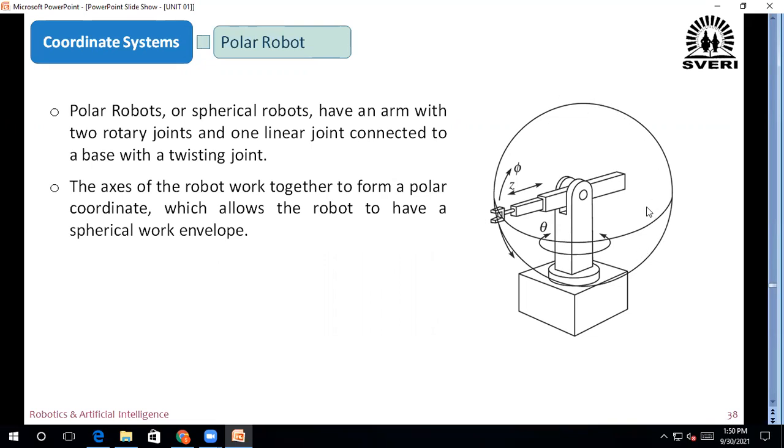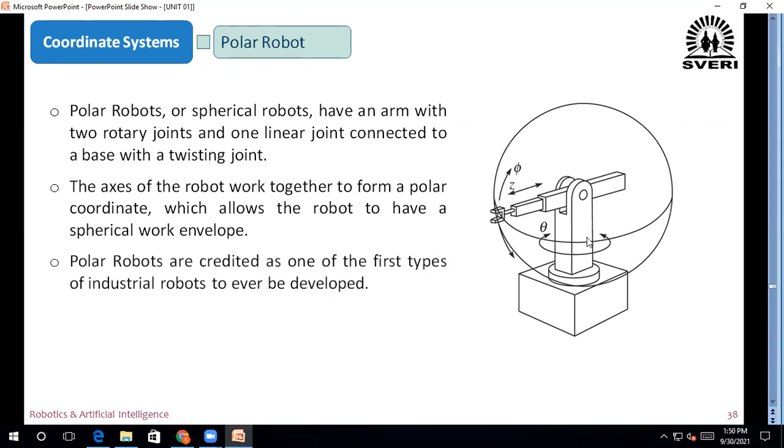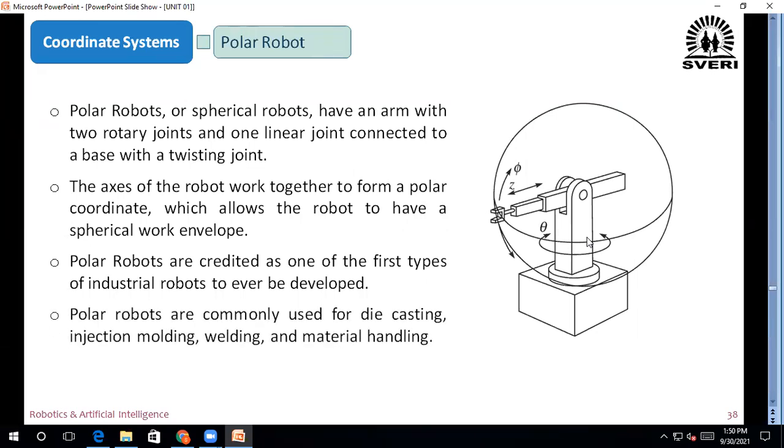It looks like a spherical shape. That's why it is known as spherical robot or polar robot. Polar robots are credited as one of the first types of industrial robots to ever be developed. They are commonly used for die casting, injection molding, welding, and material handling.